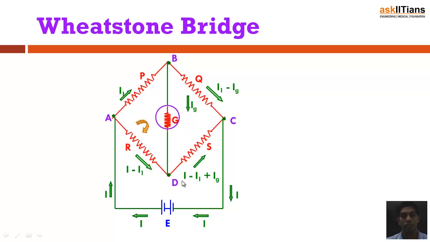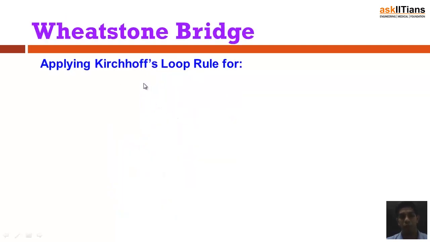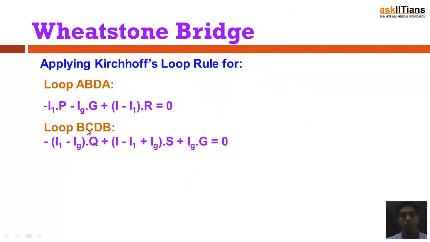But what's the beauty of it? This is where we can apply the loop law. This is also where we can apply the loop law. We'll observe through the equations of loop law what the beauty of the Wheatstone bridge is. So we'll apply Kirchhoff's loop law over here. For loop ABDA, we get this equation. For loop BCDB, we get this equation.